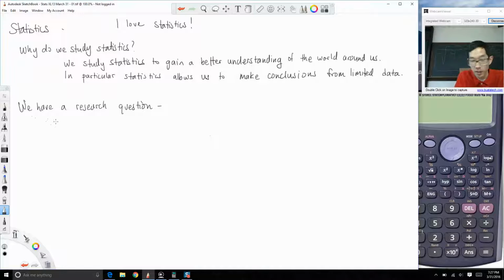The question will be, does exposure to E. coli bacteria increase the risk of liver tumors in mice?